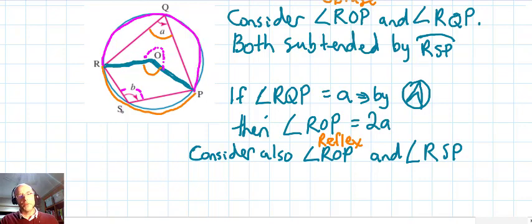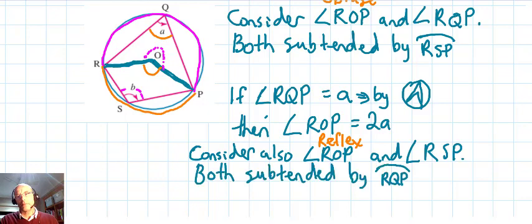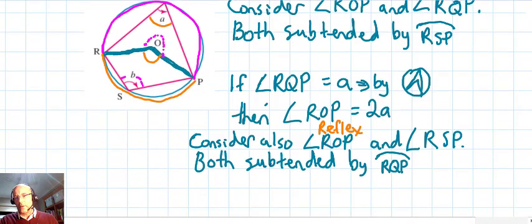The ends of the lines that define them are standing on the ends of that same arc. So with that in mind, we can look at angle RSP again, which is that B. You could say let it equal B.